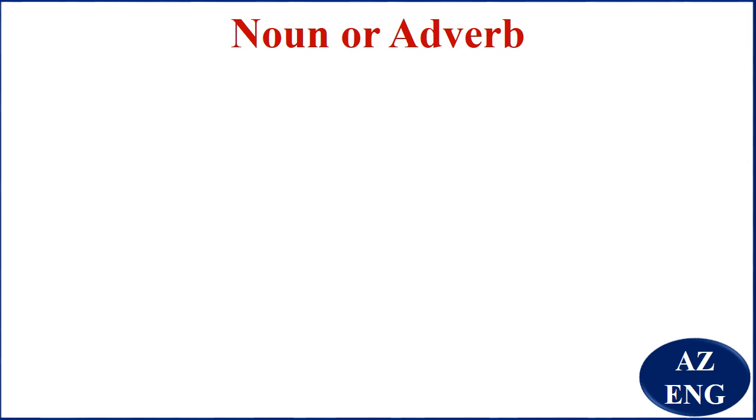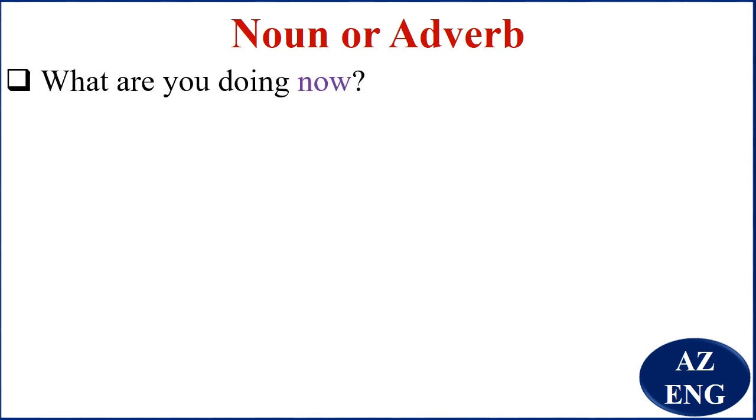For example, if I say, what are you doing now? You see, it talks about the action, about when, about time. So here the word now is an adverb of time. What are you doing now? The word now here is an adverb.